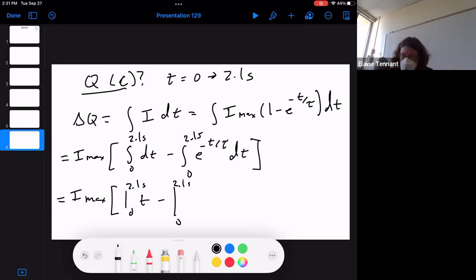We have e to the negative t over tau. I can't do that one in my head. I know, what's the integral of just e to the x? Oh, it's just e to the x.